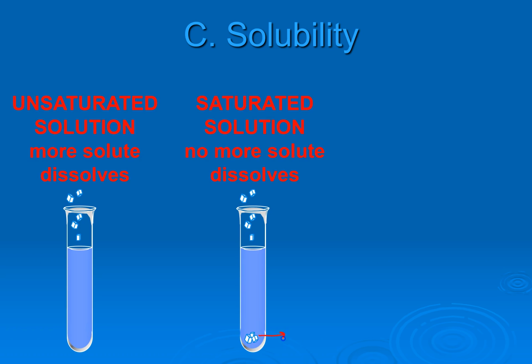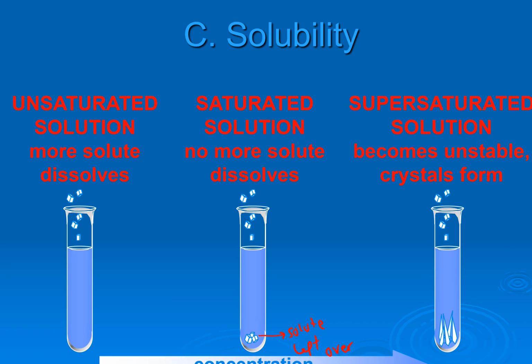You'll be able to recognize it because you're going to have some solute left over. In order to make something supersaturated, you keep adding more and more solute in. But the only way we can make that solvent hold more solute is to add heat.